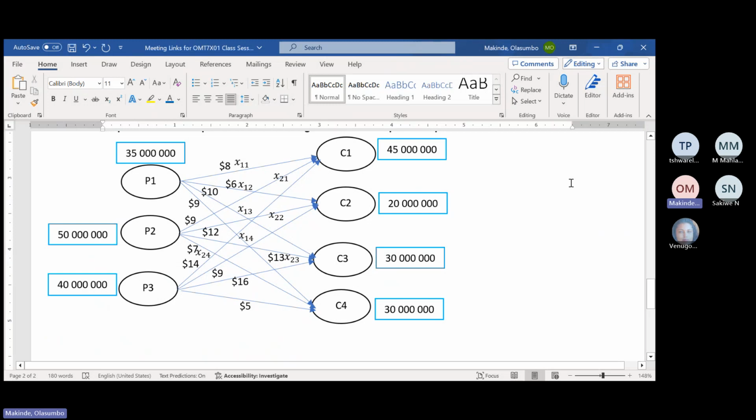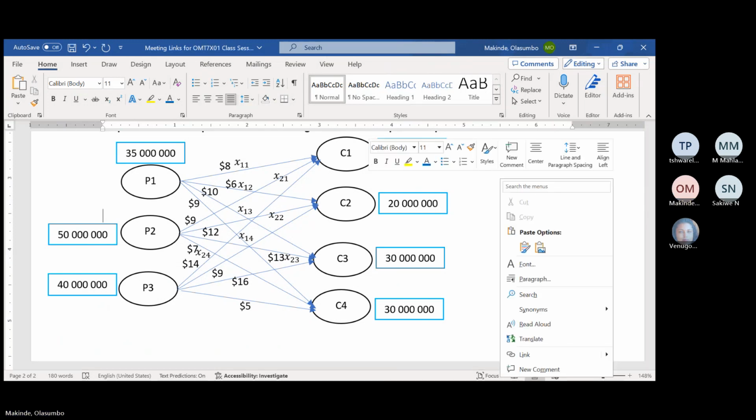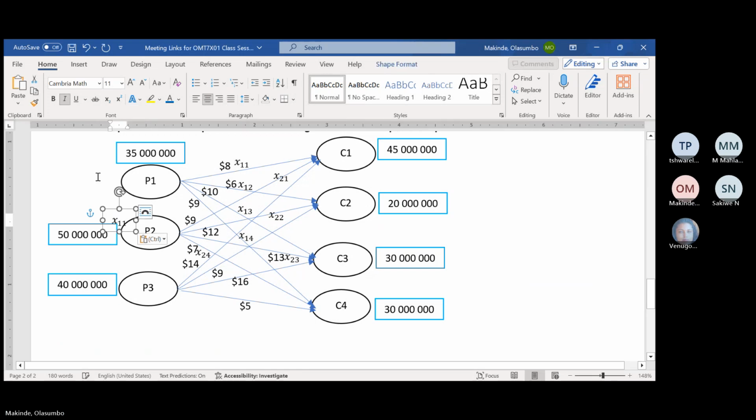Then X3, from 3 to 1, that is X31. So I can go and put X31 closer to this, then it makes me see it.